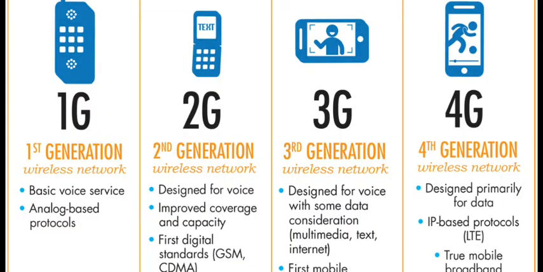Now, what changed from generation 1G to 4G? It is the telecommunications or the networking technology which changed through the generations. In generation 1, the telecommunications was happening through analog based systems, and then 2G onwards it all became digital. Now what improved from 2G to 4G?